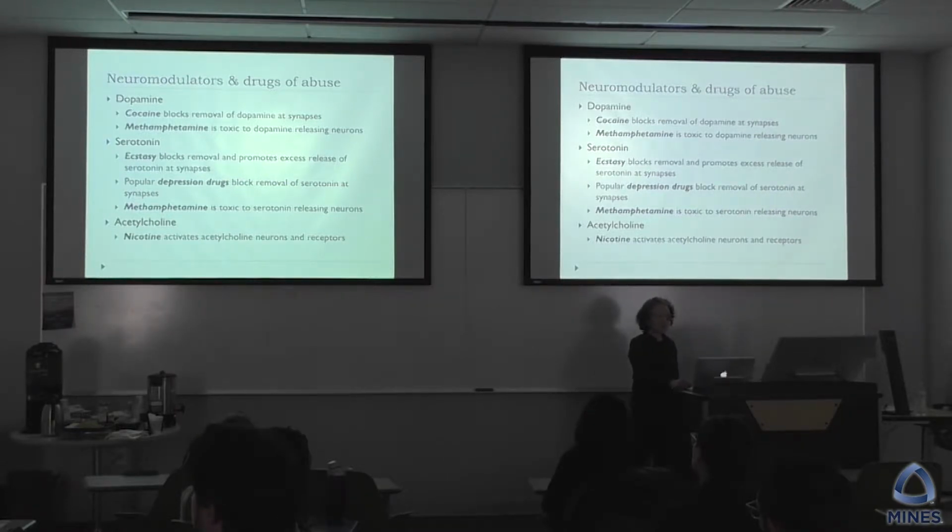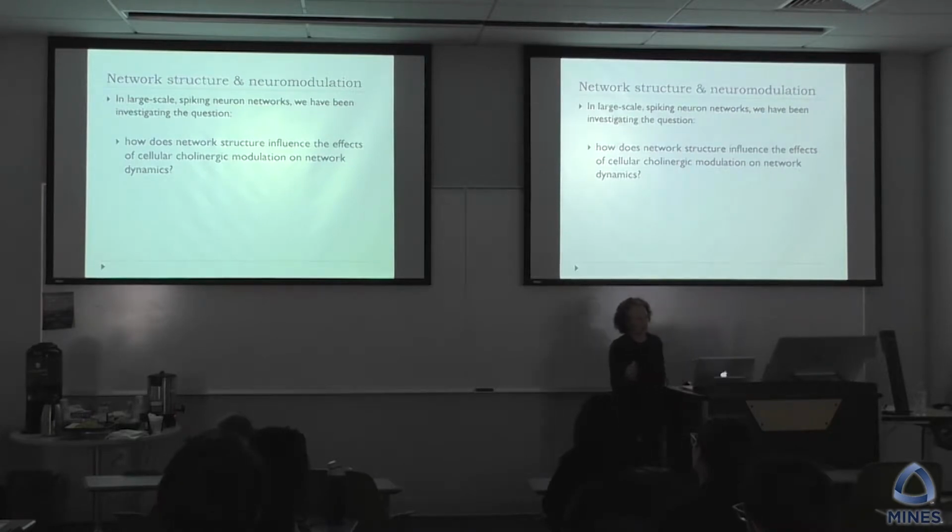All right, so as a background of what neuromodulation is, we've been doing a lot of mathematical modeling studies, numerical simulation studies, basically based on the question of how the network structure influences the effects of, in this case, cellular modulation by acetylcholine to change network dynamics, or to not change network dynamics, as the case may be.